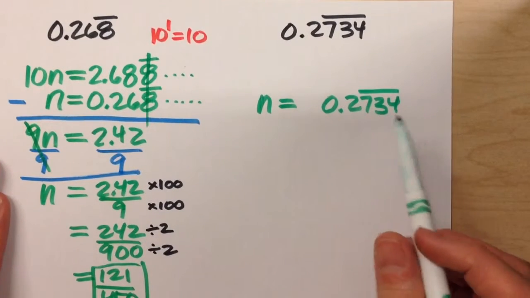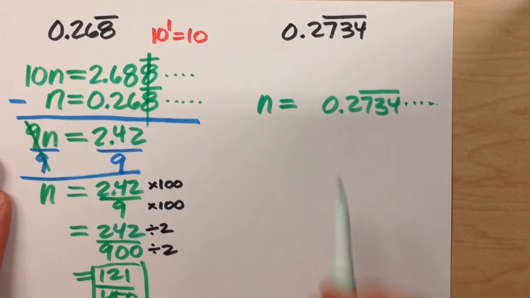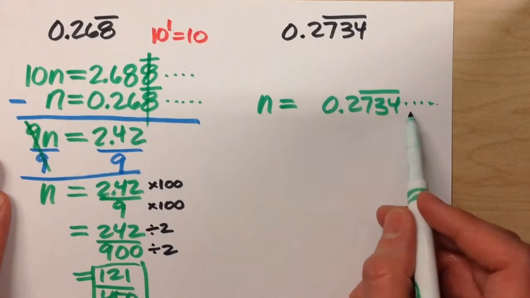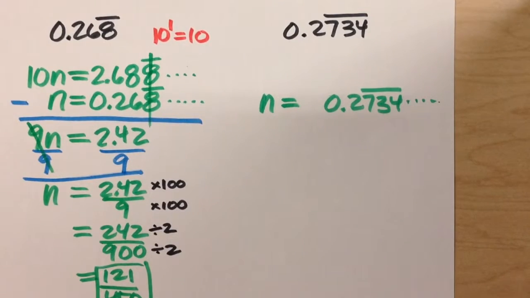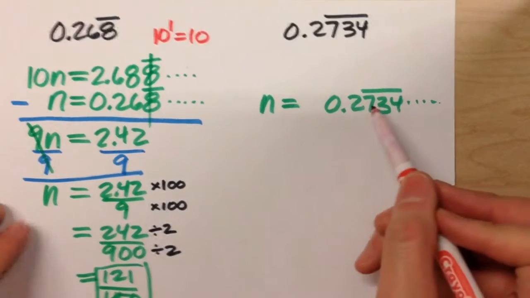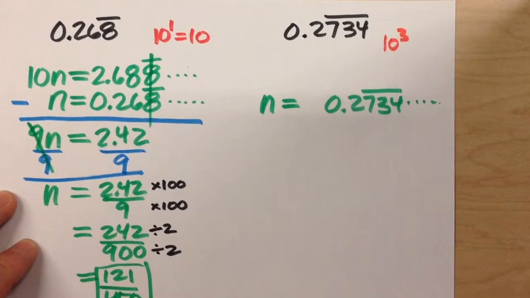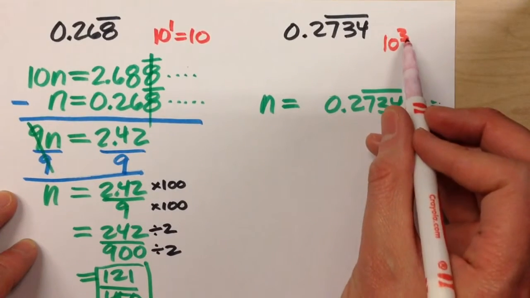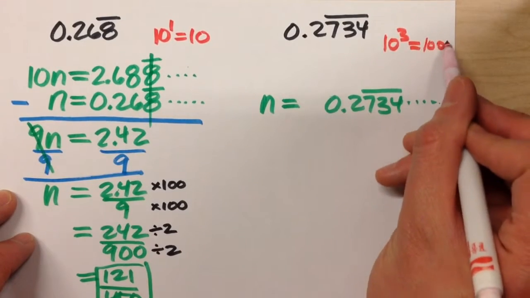And remember, this repeating decimal is repeating 734 over and over and over again. 2734, 734, 734, 734. Step 2. I've got 3 repeating digits, so in my head I'm thinking 10 to the 3rd power this time, because 3 digits, 3rd power. 10 to the 3rd power is 1,000.